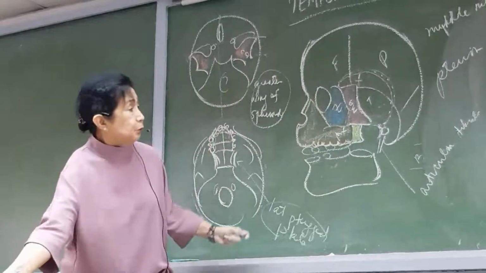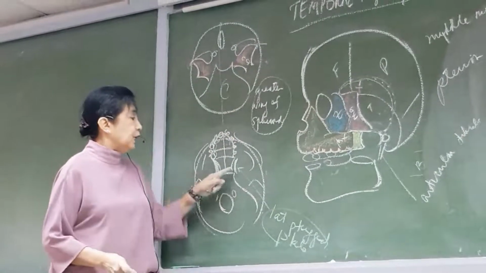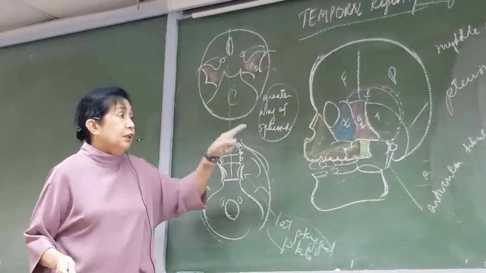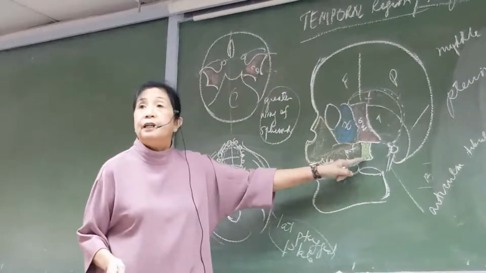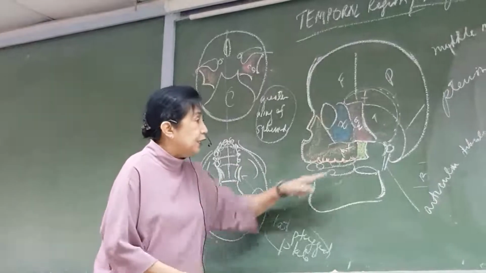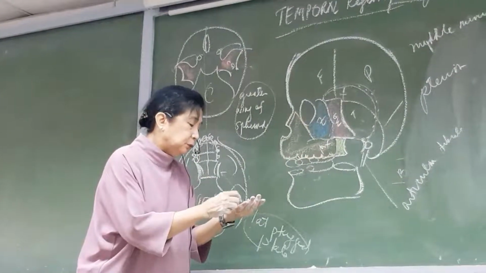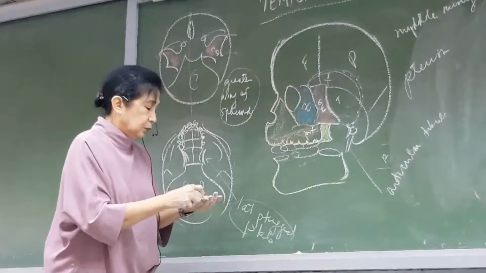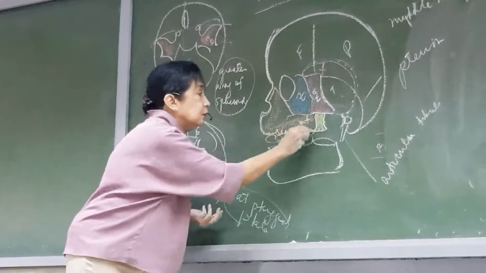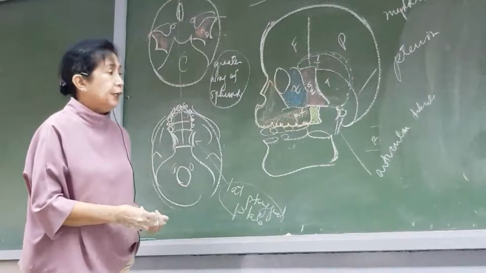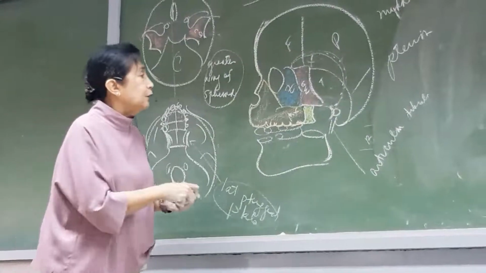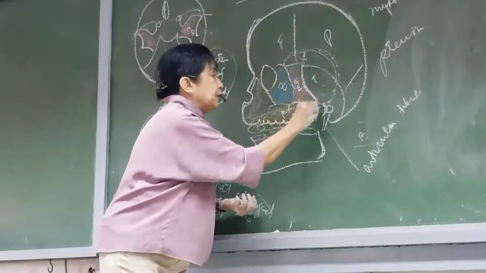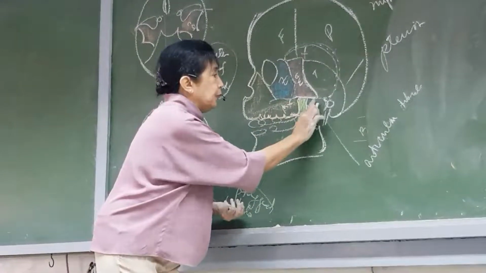When you see that in the infratemporal fossa, this is the lateral pterygoid plate. What is this orange-colored bone? Maxilla. Okay? So what did we remove here? The zygomatic arch and part of the ramus, right?